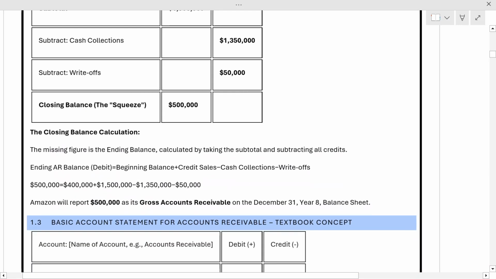In the above example, our opening balance was $400,000, then we sold on credit $1.5 million, then we collected $1.35 million in cash, and we have a write-off of $50,000, giving us the ending AR balance of $500,000. Amazon will be reporting this $500,000 in its gross accounts receivable account on 31st of December, year 8, in the balance sheet, and that is what they wanted.